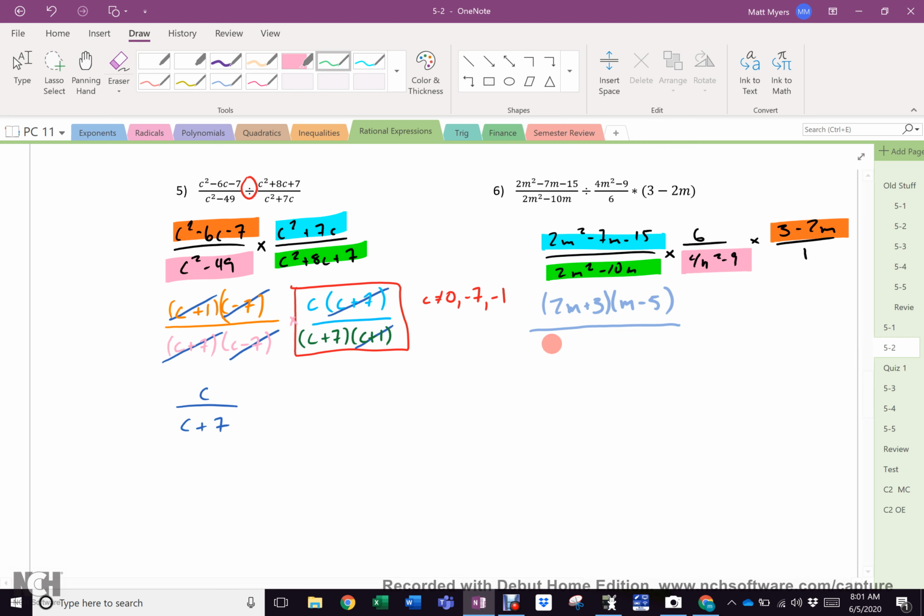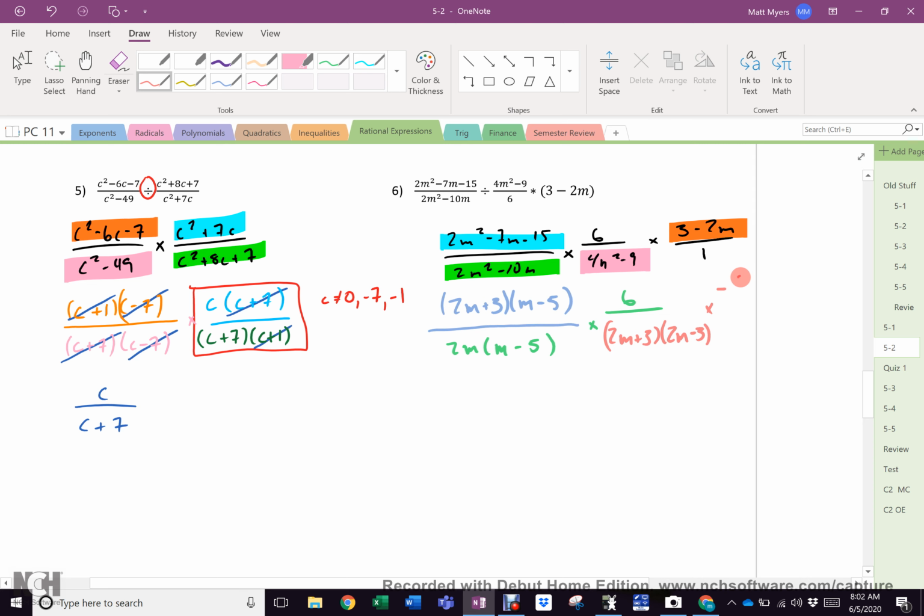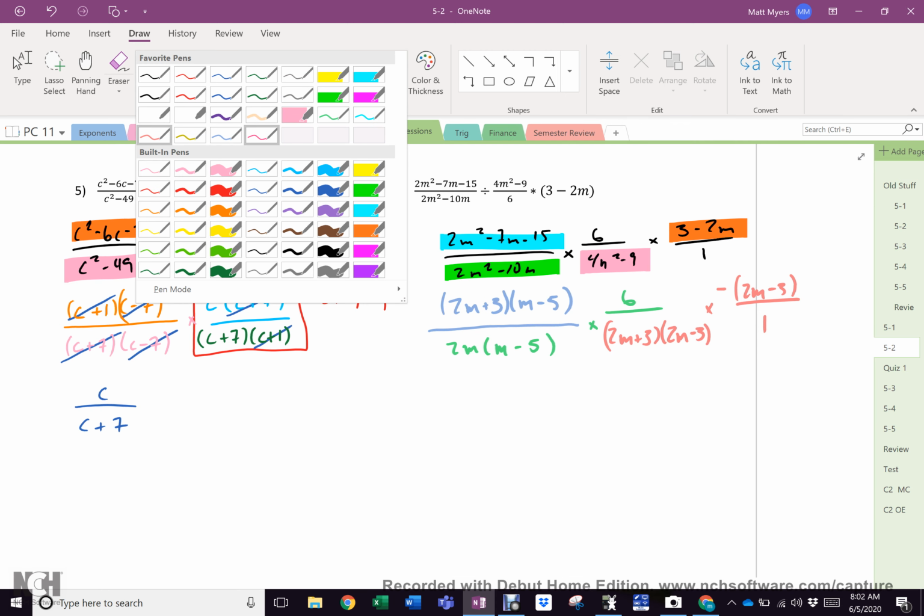And in green, 2m, m minus 5 times 6 over 2m plus 3, 2m minus 3 times negative 2m minus 3 over 1. Hey, and then we do our NPVs.